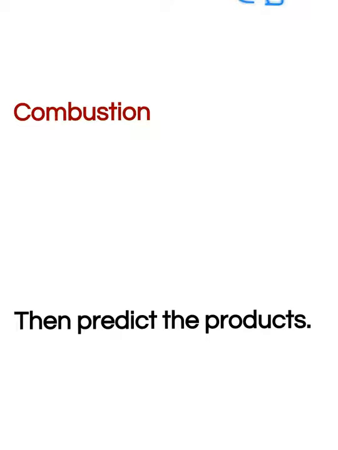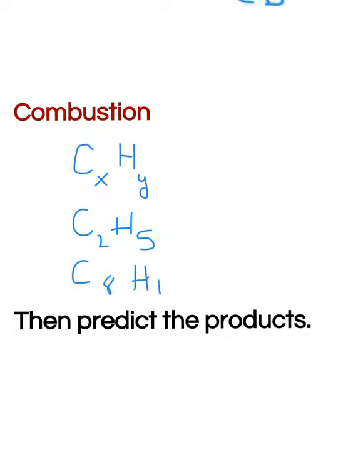And a hydrocarbon is a compound that contains carbon, some number, I'm going to use an X here because I don't know how many carbons would be in the compound, and hydrogen, and I'm going to use the subscript Y. So for example, I might have C2H5, I might have C8H18, some number of carbons and some number of hydrogens in a compound.